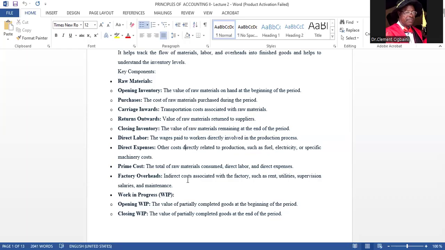As we have direct material, so also we have direct labor, so also we have direct expenses. Direct material means that the material used can be traced to units produced. Just like a bag of cement will give you 40 blocks. 2 bags of cement will give you 80 blocks. 3 bags of cement will give you 120 blocks.